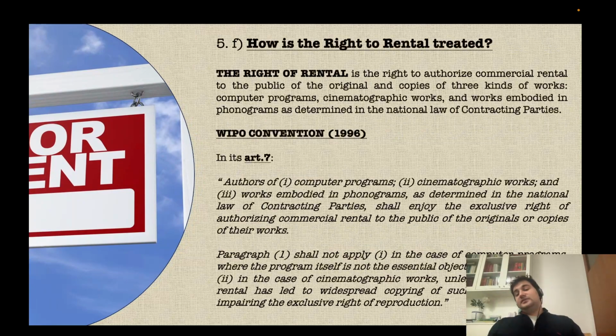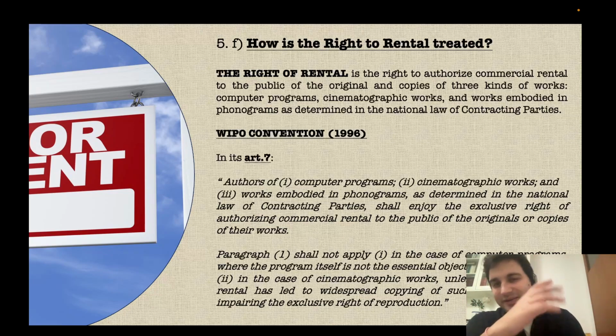Rental. This one is another important right, the rental right. That is the right to authorize the commercial rental of the original and the copies of 3 particular kinds of works that are computer programs, cinematographic works, and works embodied in phonograms.